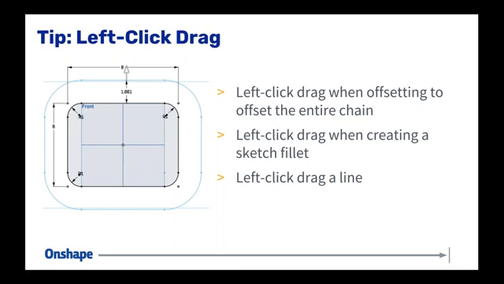All right, so question: does left click drag work for non-sketch geometry? I'm assuming you're referring to the left click drag. This is all specific to sketch geometry. I could convert a face, for instance, and offset that, or offset a face if that's what I have.